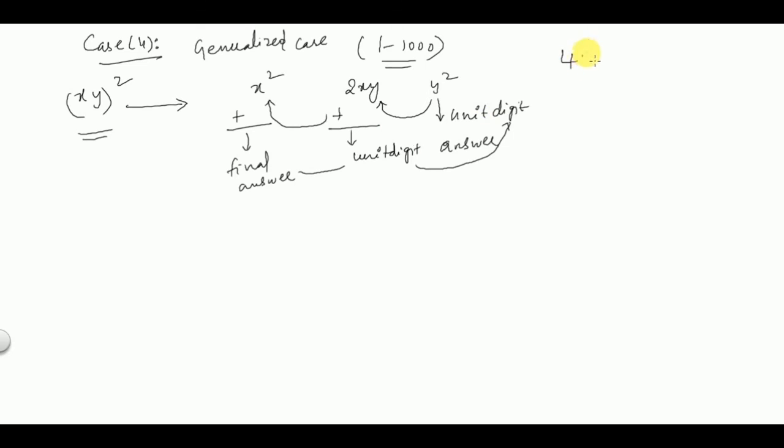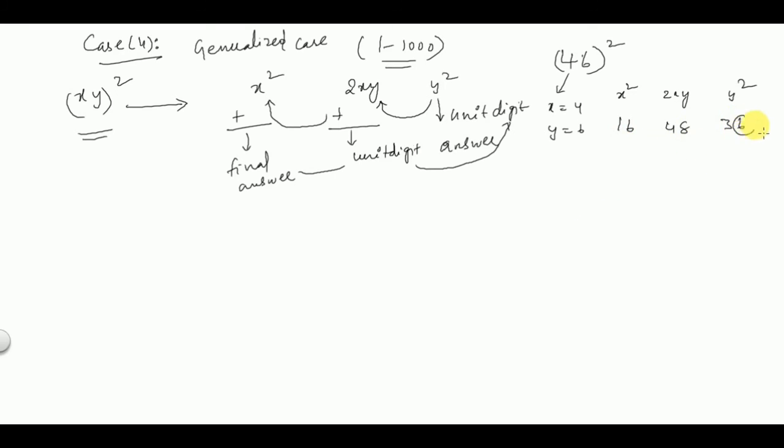If you want to find 46 whole square, in this case x is equal to 4 and y is equal to 6. So x square, 2xy and y square: x square is 16, 2xy, 2 into 4 into 6 is 48, and y square is 36.